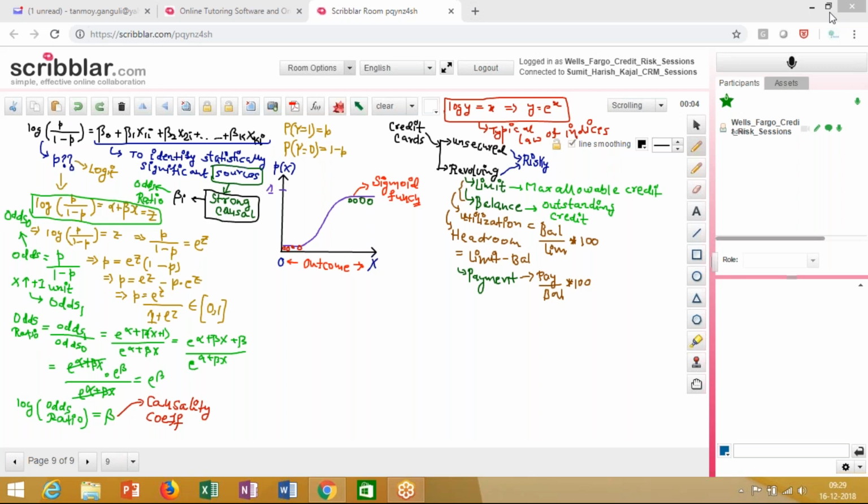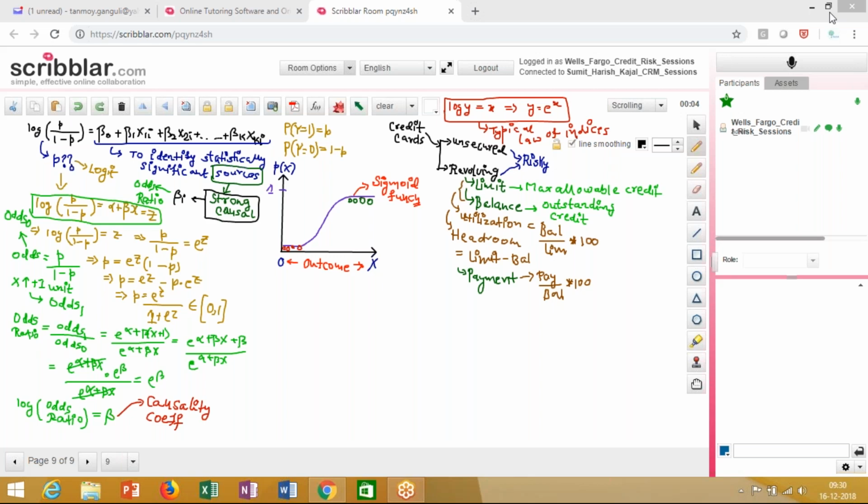Now, some of the important characteristics associated with a revolving product like a credit card are a limit and a balance. However, only the limit and the balance may not be able to actually give us an idea about how good or how bad the borrower is. It may not explain the riskiness associated with the borrower in a very accurate manner.